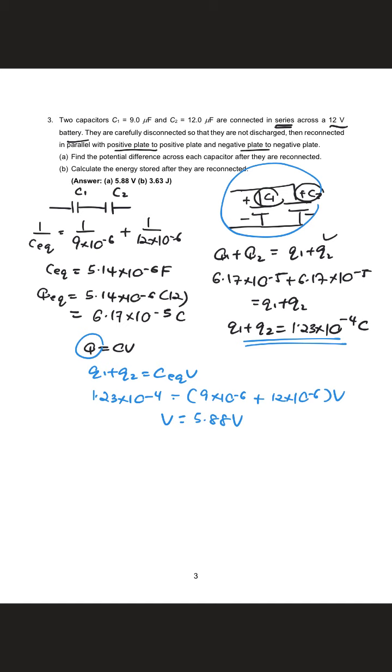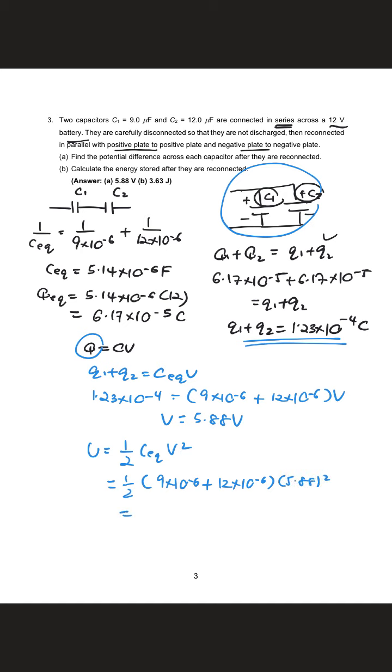Next, you need to find the energy stored after they are connected in parallel. I'm going to use U equals 1 over 2 C equivalent V squared. Here your C equivalent is going to be 9 × 10^-6 plus 12 × 10^-6, and the potential difference after reconnection is 5.88 volt.